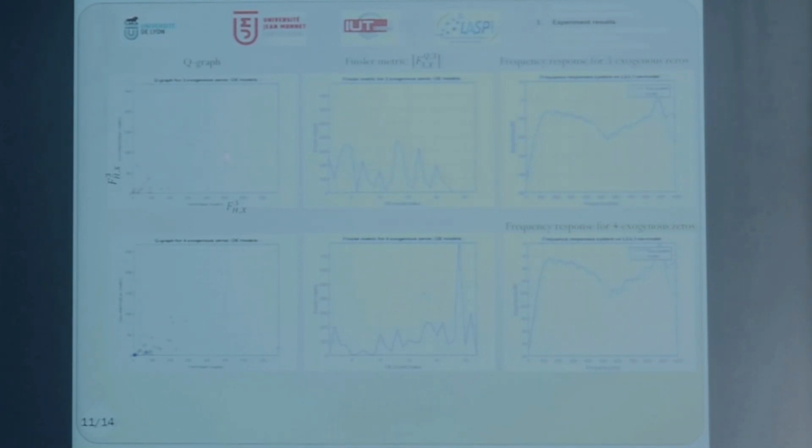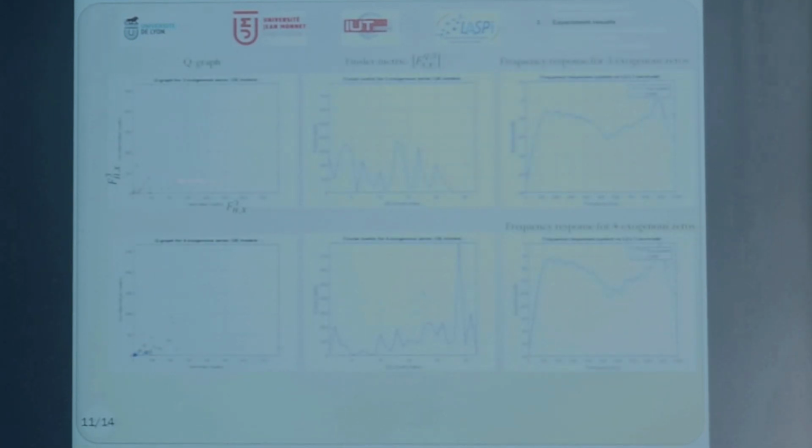In fact, each point is the imaginary function and the real function, and this is the trajectory of each model with respect to tau. Tau is equal to the Finsler parameter.